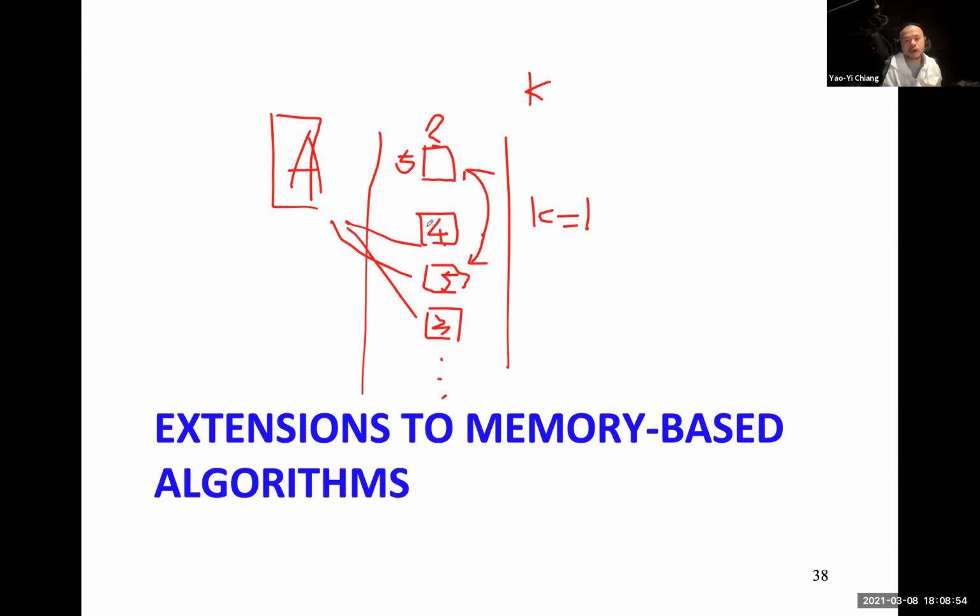All right, so let's say you have K equal to 2. And let's say this one has a similarity of 50%. This one has a similarity of 50%. This one has a similarity of 20%. What would be A's rating for this product?